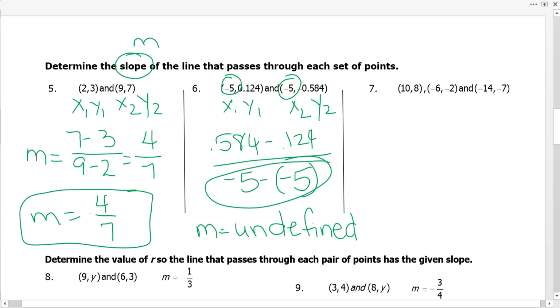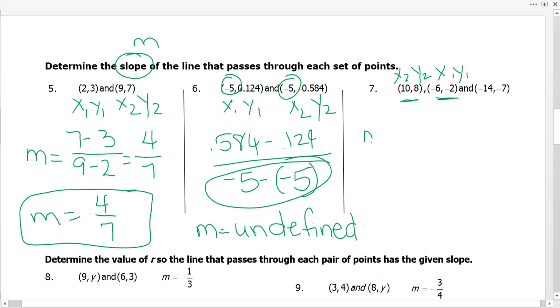And sometimes you have 3 points and you only need 2. So pick the 2 points that look the easiest. I'm going to pick this one and this one because my numbers are a little smaller and I like positive numbers. So let's call this one x2. Let's go backwards and see if it makes a difference. And we'll call this one x1, y1.